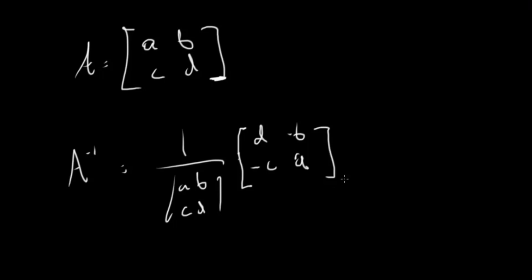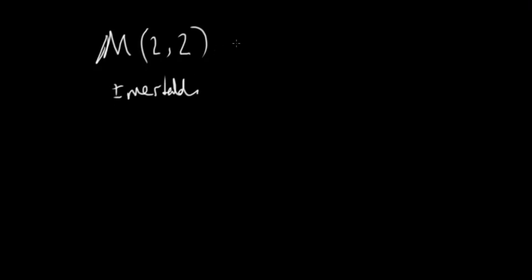Right. So, matrix multiplication, not a group. It does not have an inverse. Right. The question I leave you with is, consider the group of all invertible 2x2 matrices, and the operation multiplication.